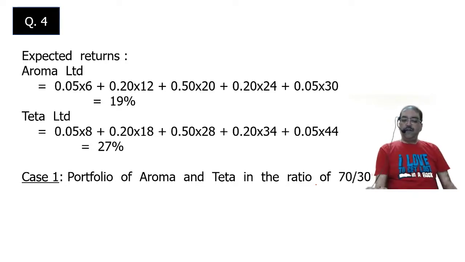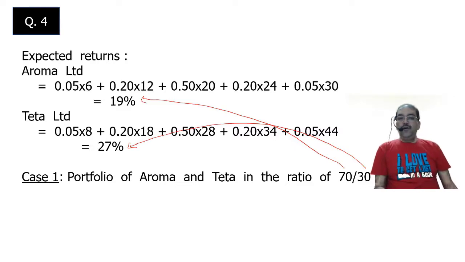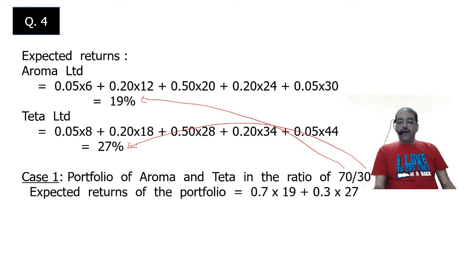So the expected return of the portfolio is 0.7 into 19 plus 0.3 into 27. That comes to 21.4%.